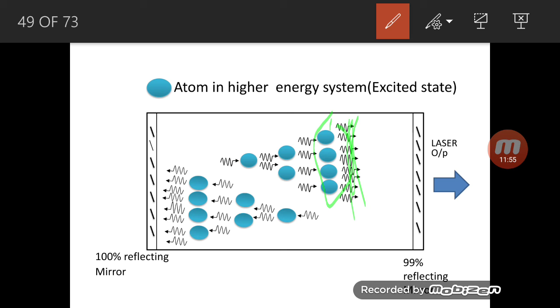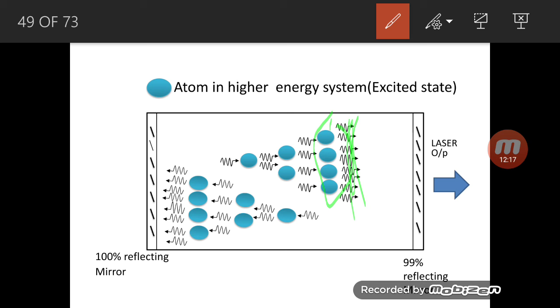Active medium is a medium in which the pumping and lasing takes place. Pumping as well as the lasing takes place. That medium is called the active medium, which is giving you the photons.